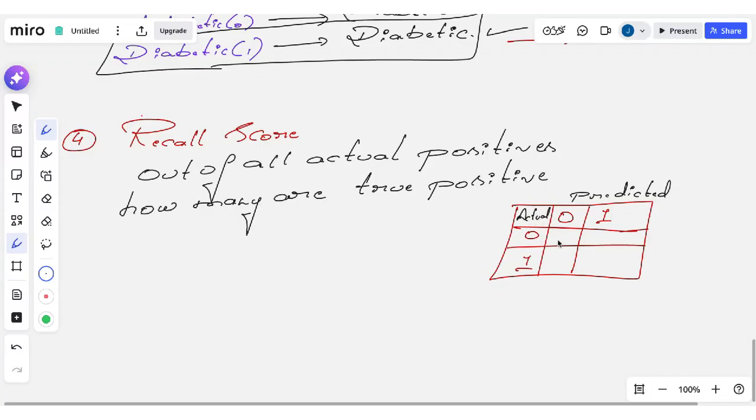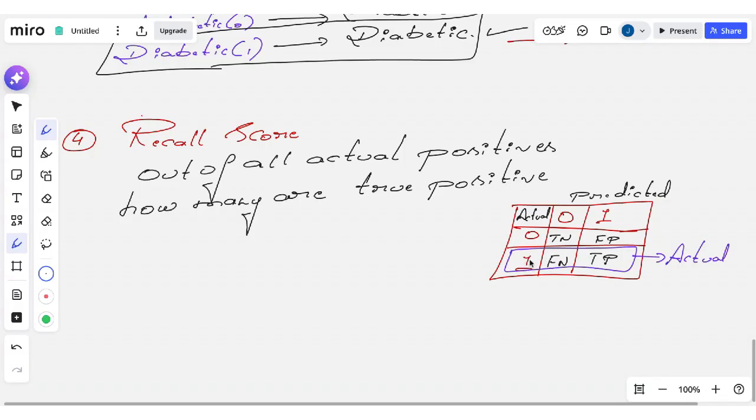Tell me, this is true negative, true positive, false negative. So can you tell me actual positives? FN and TP. This is actual positives. Actual positive in the sense the actual value is one.